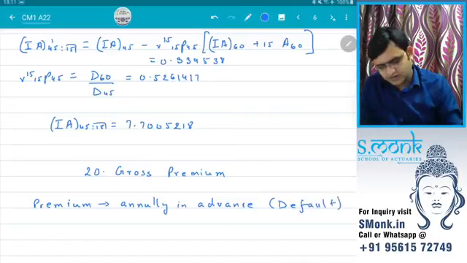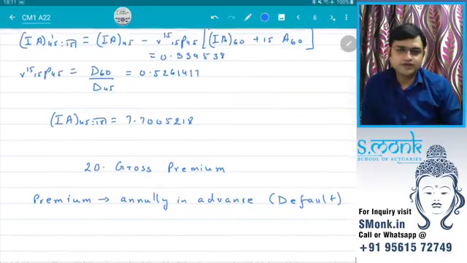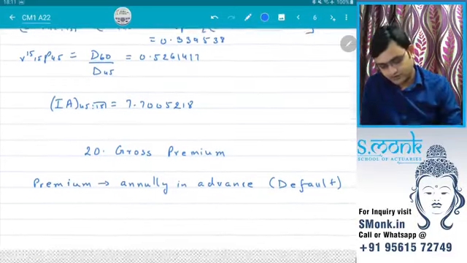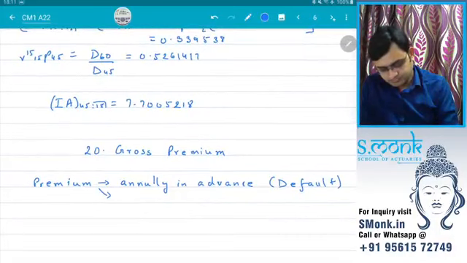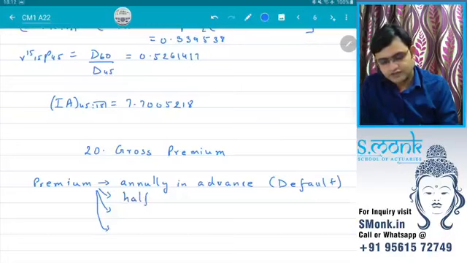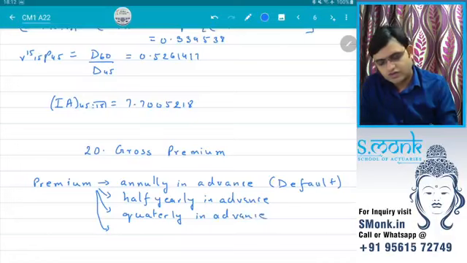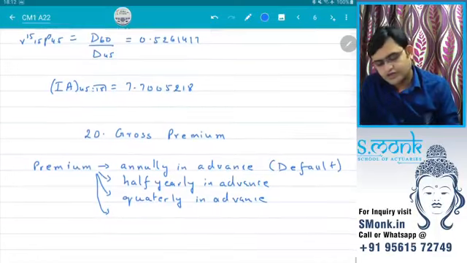Okay, nothing is mentioned, we will be assuming that premium is paid annually in advance, but of course it can be paid half yearly in advance, or quarterly in advance, or we can have monthly in advance.